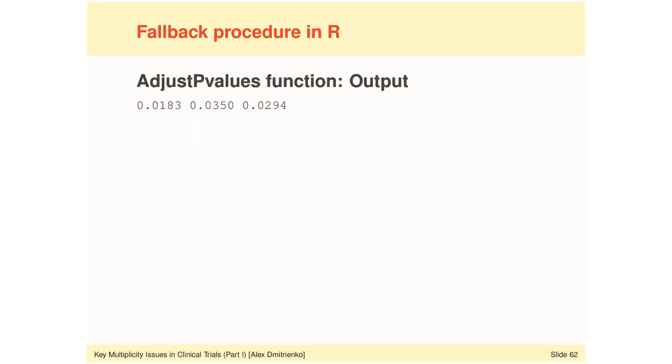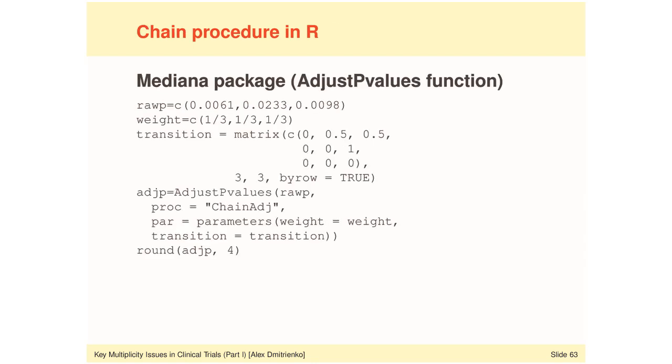This slide shows the adjusted p-values based on the fallback procedure. You can easily verify that this set of multiplicity adjusted p-values is identical to the adjusted p-values that we presented on slide 55. And we can call the same function, adjust p-values, to compute adjusted p-values using the chain procedure. This chain procedure is derived using the vector of hypothesis weights and the matrix of transition parameters that we defined back on slide 56.